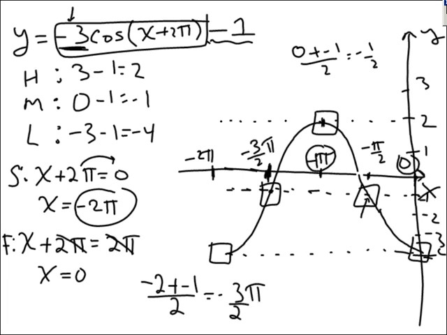Ignore what's common. If you have 3 pi over 7, if you want to know what's in between 3 pi over 7 and 11 pi, so let me write pi over 7. This is 3 pi over 7. This is 11 pi over 7.